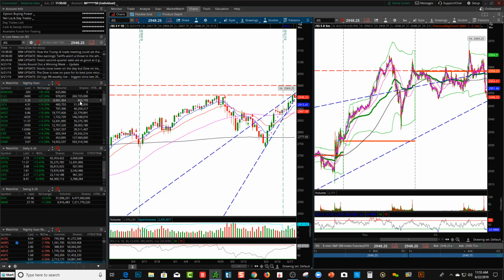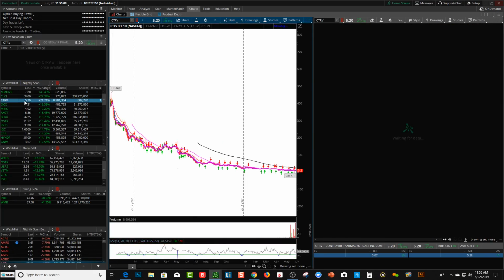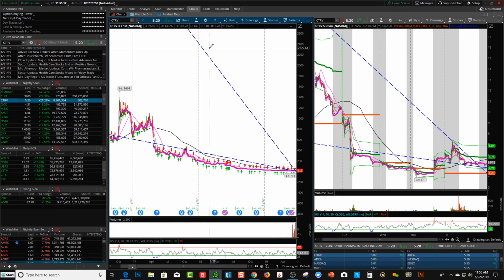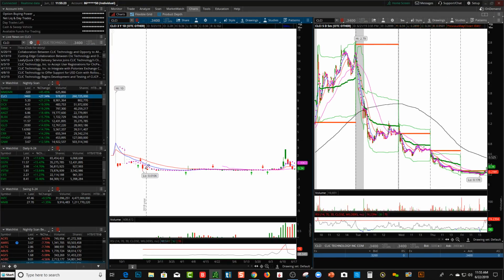When you see something like this, 802,000 shares, if I click on CTRV, you'll see this thing is just super volatile, pumps and then dumps right back down. Look at the chart on something like this. Let's see if there's a better example over here.